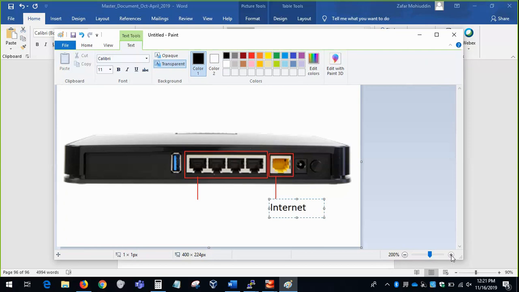This is coming from the internet. Okay, good. And this part is nothing but a switch, where you could attach extra computers. So you got to realize this.